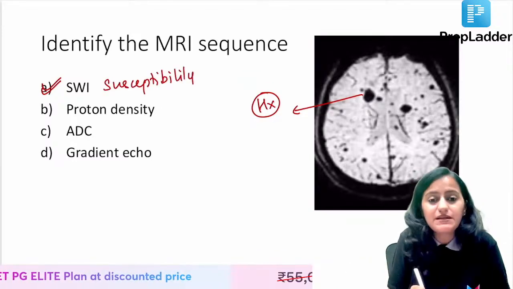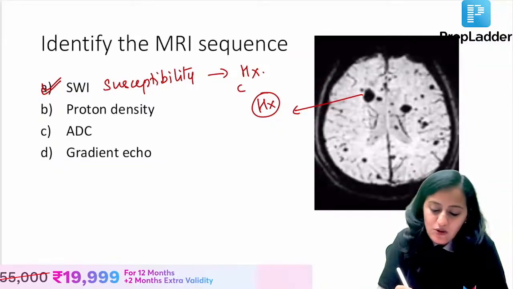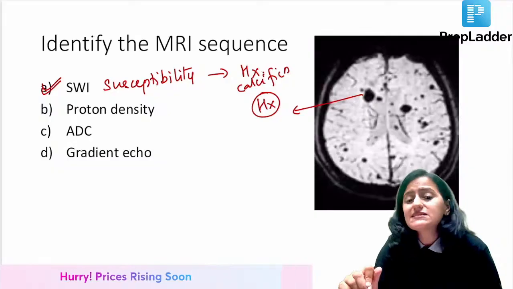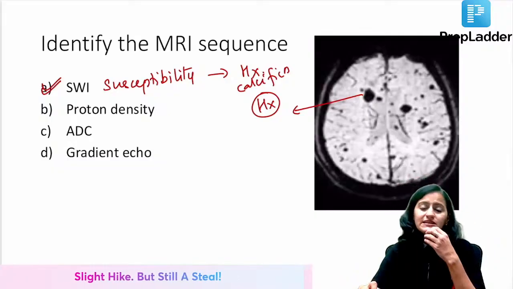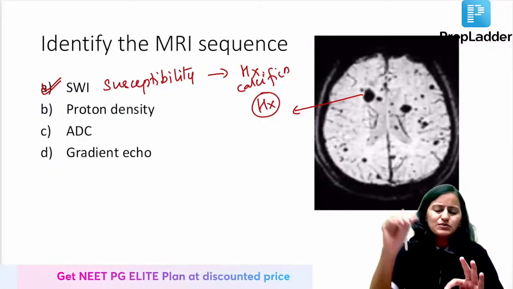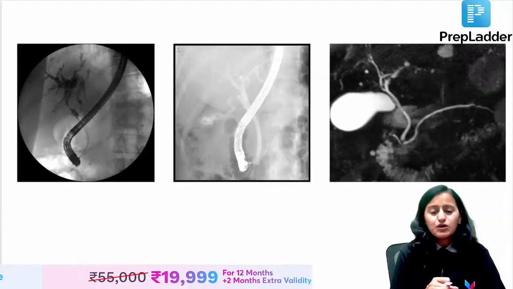SWI is a sequence which is done for hemorrhage. It also helps you to identify calcification, right? This is a sequence which can help you differentiate hemorrhage from calcification in MRI. You will see those black areas. Okay, correct.